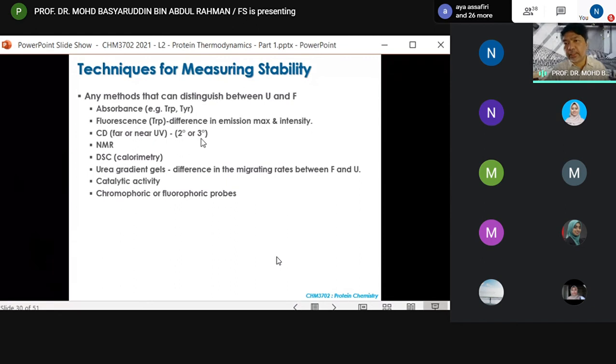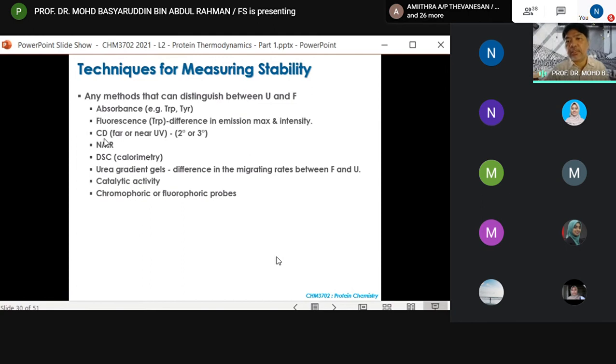We can look at the absorbance, because there are some residues like tryptophan and tyrosine, where we can check the differences. The most common is fluorescence, the difference in emission maximum and intensity, because some residues fluoresce, so fluorescence spectroscopy can be used. Normally we can use UV.